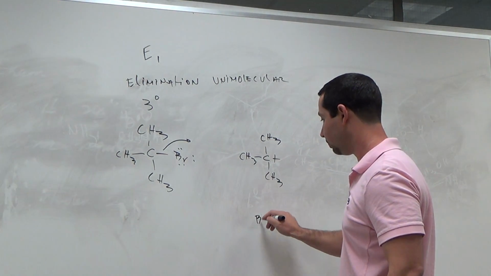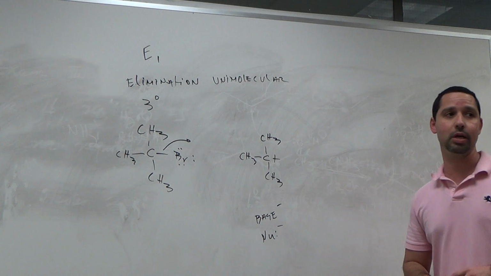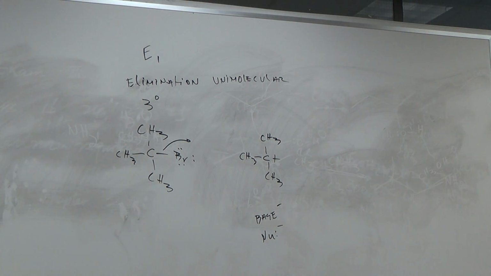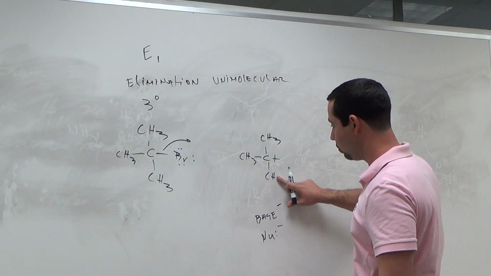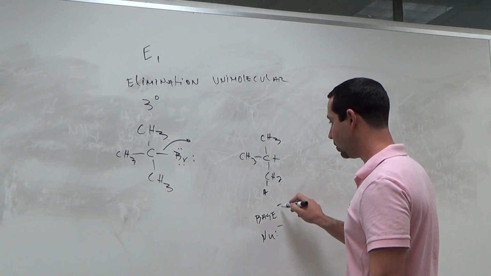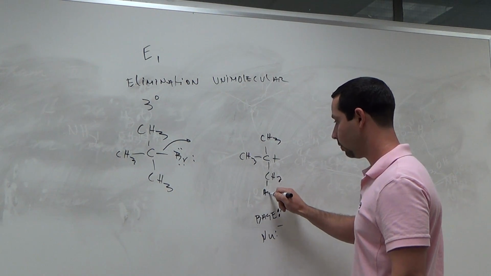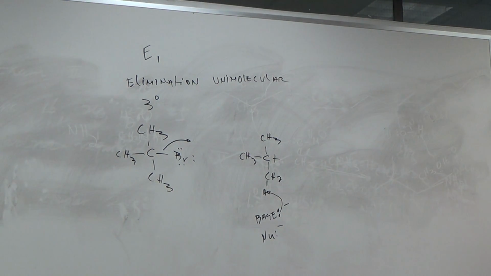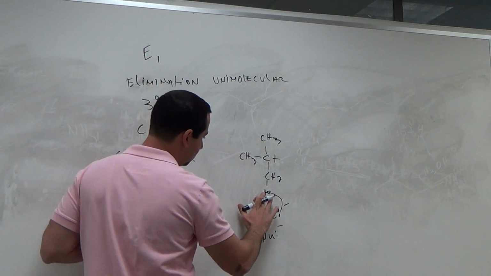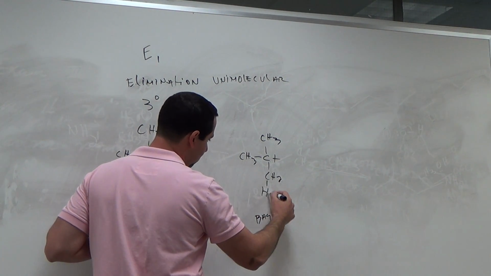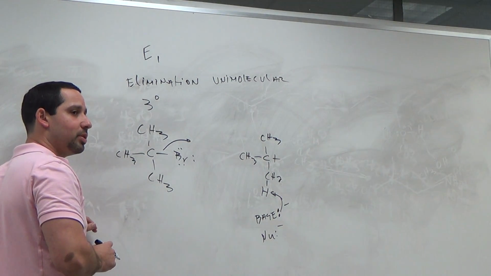But if the nucleophile is a base, or the nucleophile is basic, there is a possibility that instead of doing a substitution reaction, it's going to go here and pull this hydrogen off.